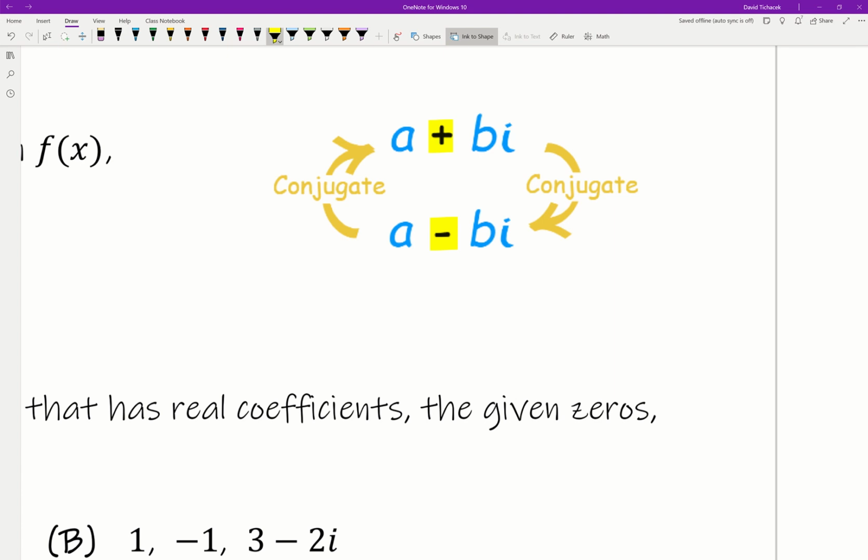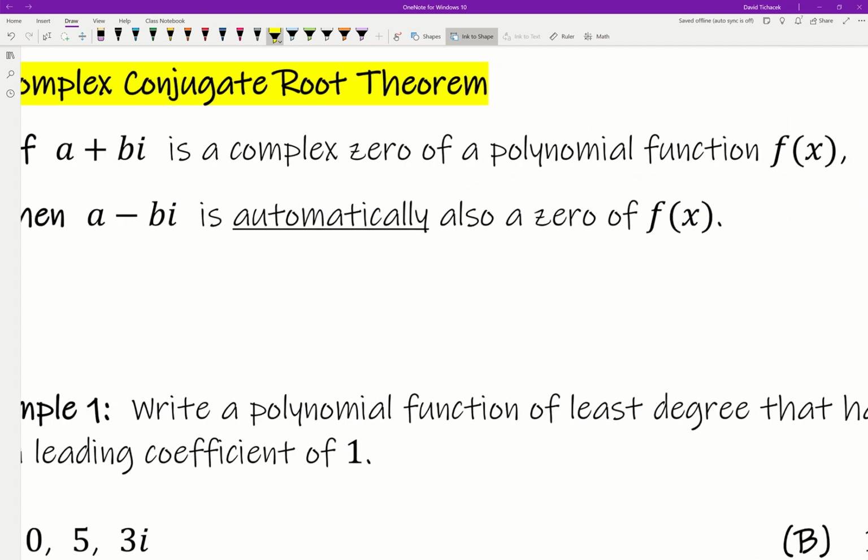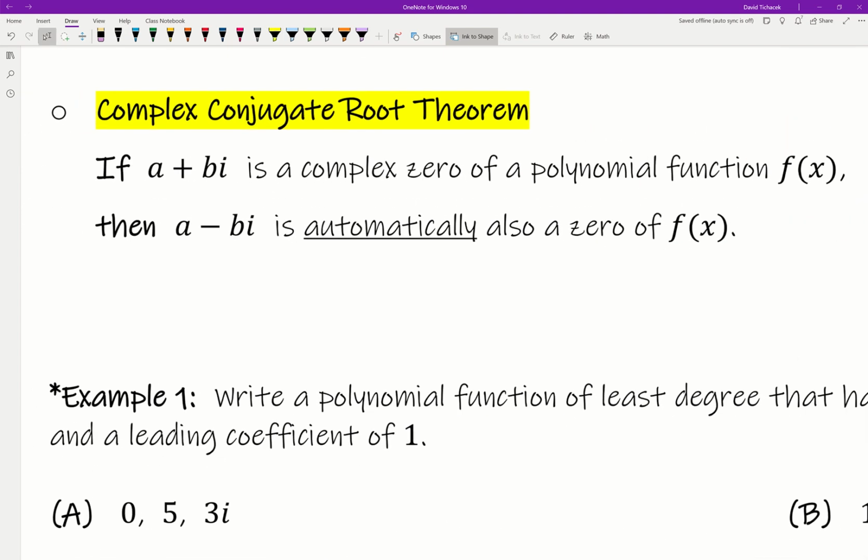The numbers a and b stay the same, and of course i is the imaginary unit, the square root of negative 1. The conjugate uses the inverse operation. So what this theorem says is that if I give you a list of all the zeros of a polynomial, and one of them is complex, then we automatically throw its conjugate into that list of all the zeros as well.